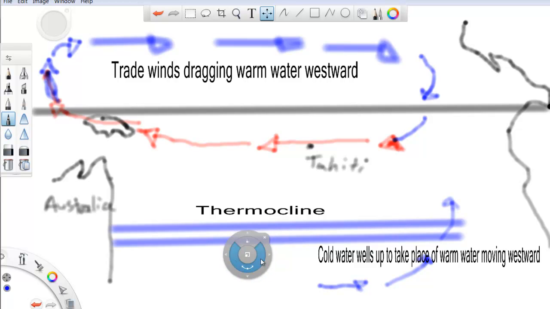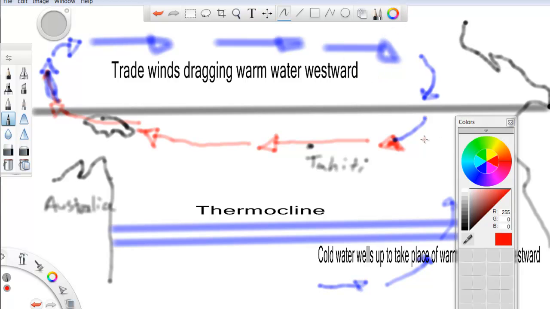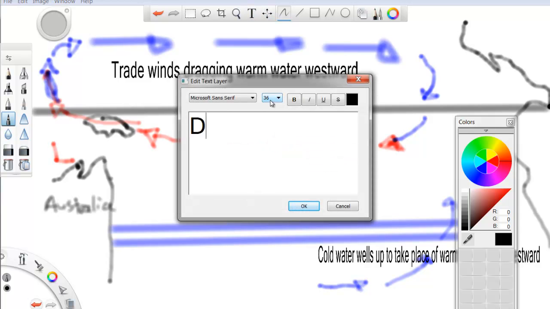Of course, over here in Australia, the pressure is low. And of course, let's go ahead and identify Darwin, Australia, which is right here.